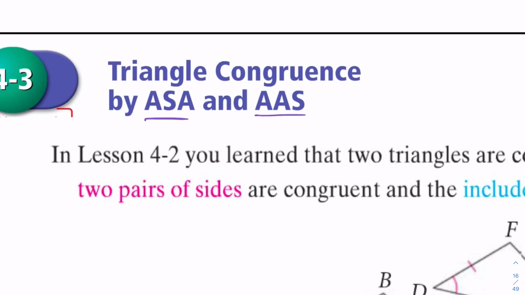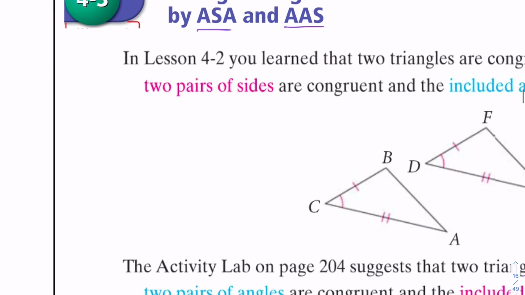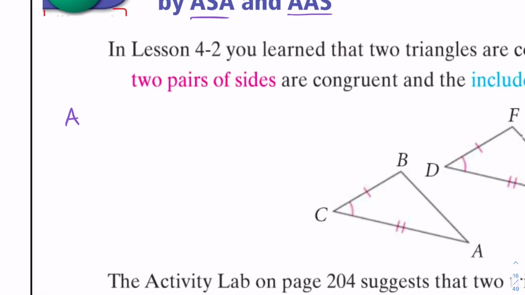So let's do angle, side, angle. Let's say we have an angle that is 32 degrees and 48 degrees, and a side that is 26 units long.